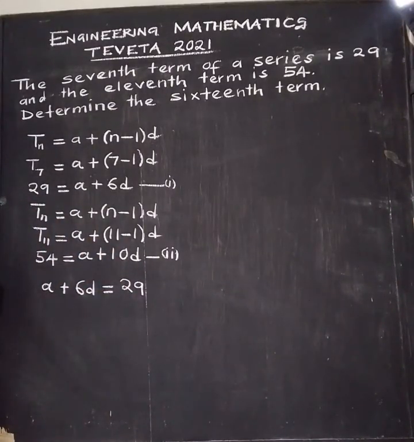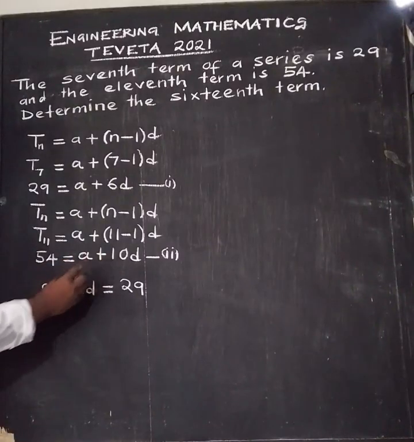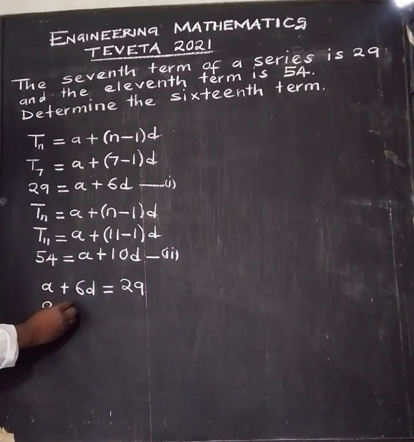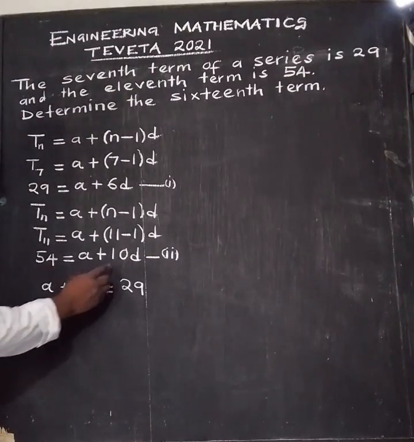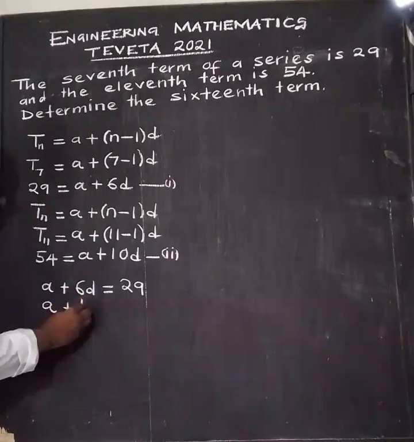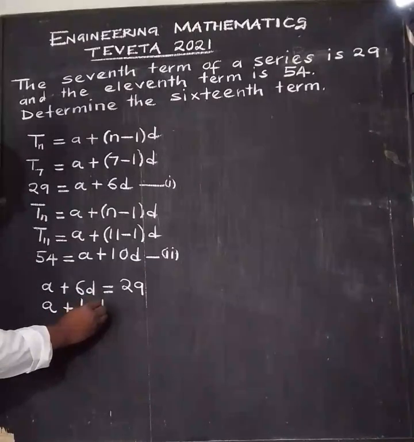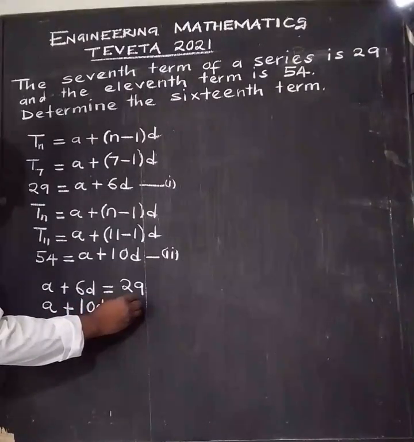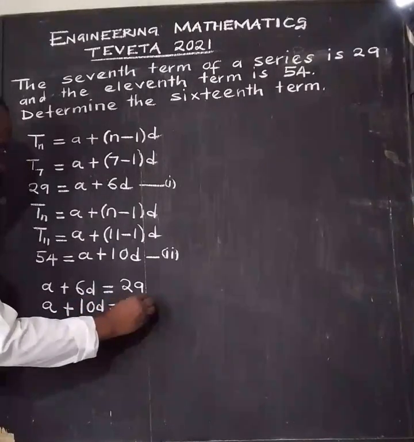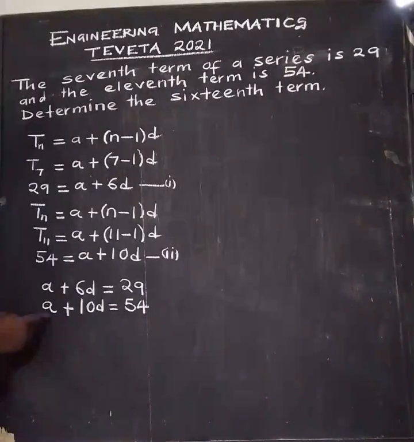This is our first equation. Then equation 2 is this one, which can also be written as a plus 10d is equal to 54.